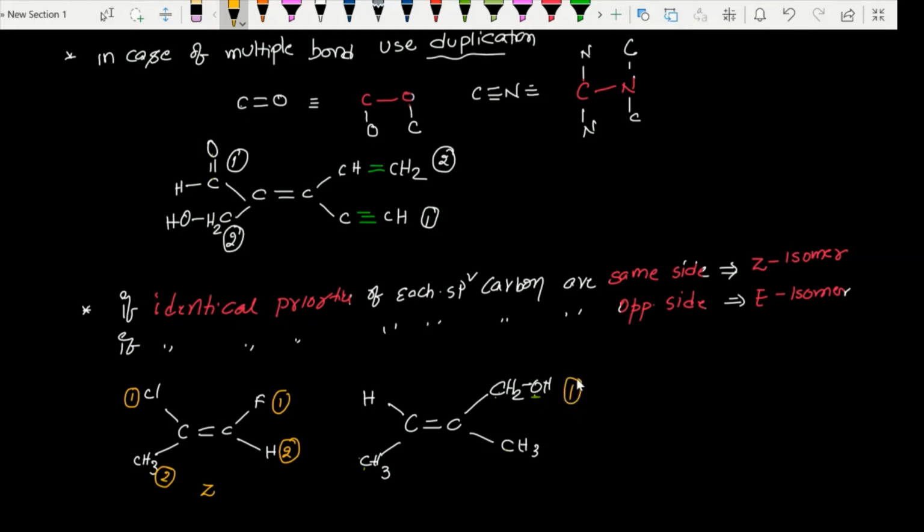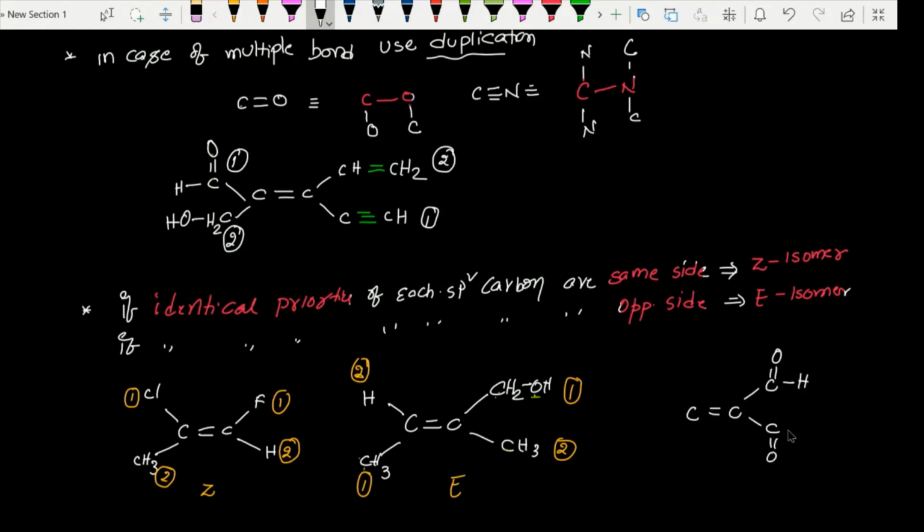So this is highest priority 1, this is second priority. And this is hydrogen, this is carbon. Anyway, carbon has highest priority 1 and 2. So if you observe this, 1, 1 are on opposite sides. This is the E isomer.